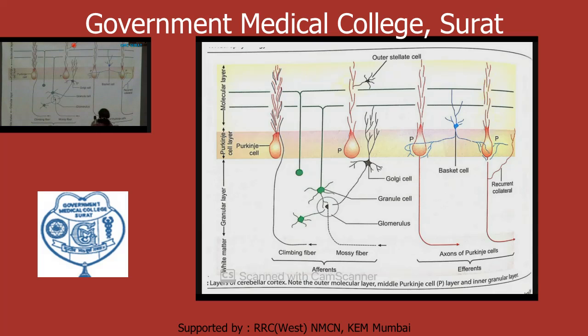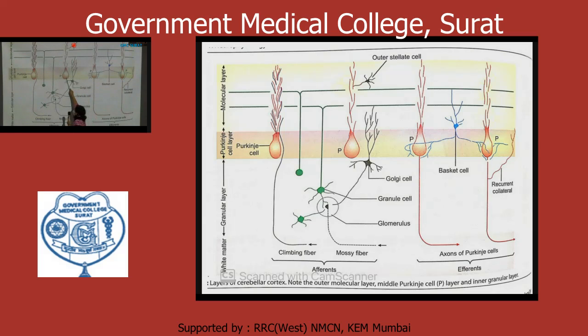Now, these Purkinje cells are receiving two inputs: one is mossy fibers, as I told you, and the other is climbing fibers. The mossy fibers excite the granule cells, and the granule cells excite the Purkinje cells via the parallel fibers.